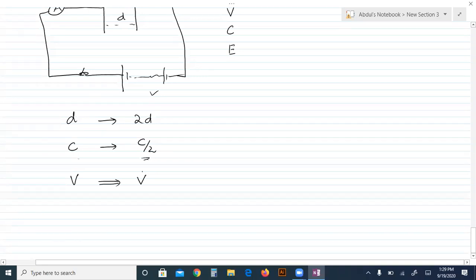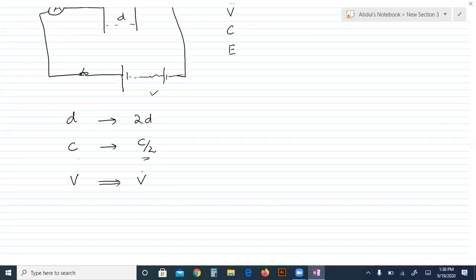Initially, charges flow because the voltage of the capacitor becomes greater than the battery. After some time, when both potentials are the same, the charge stops, right?